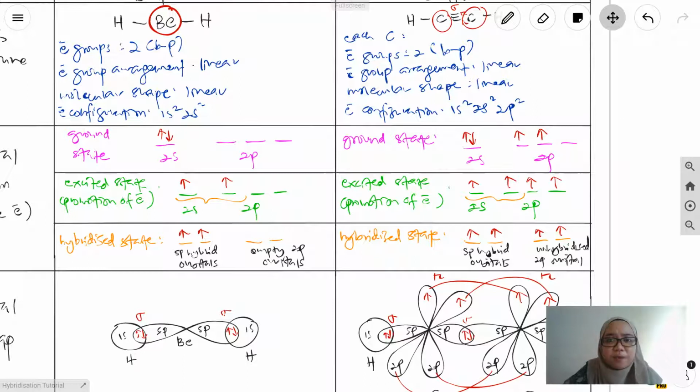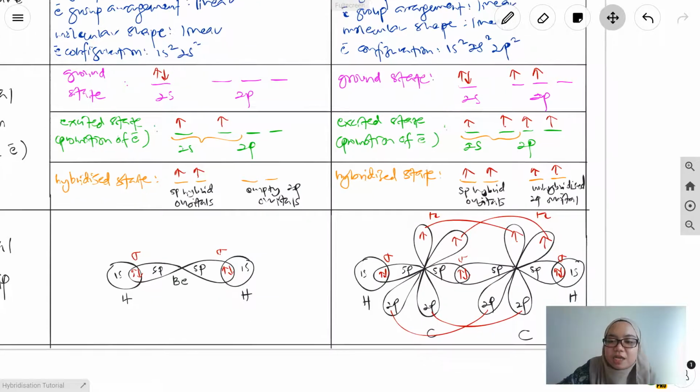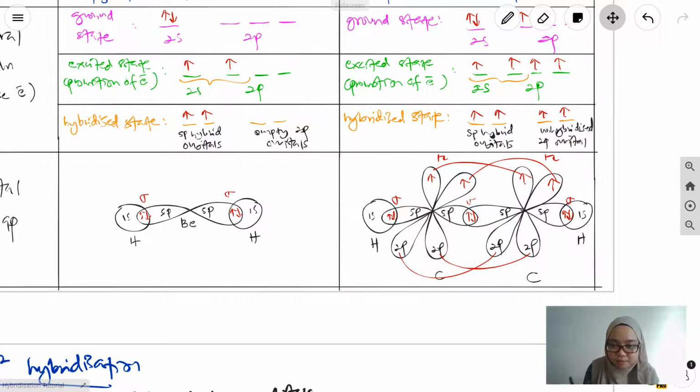So how can we form the pi bond then? The pi bond will use the unhybridized orbitals. In this case, the unhybridized 2p orbitals will form 2 pi bonds between the carbon atoms.